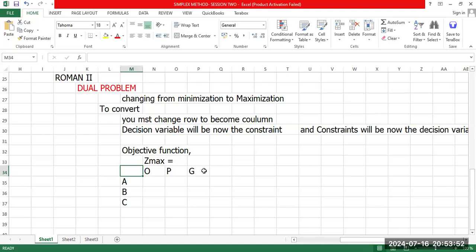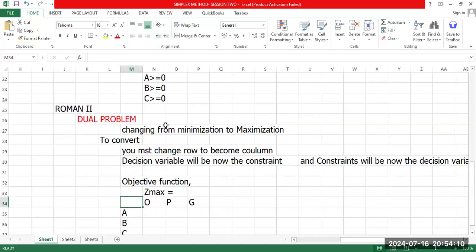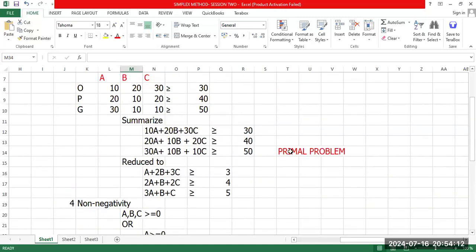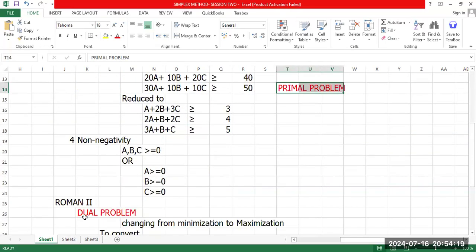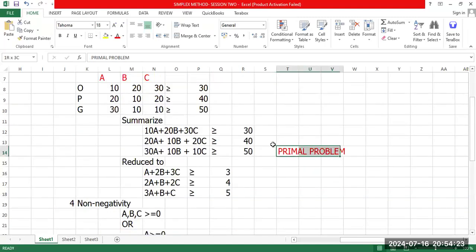The reason why you change A, B, and C to O, P, G is because now you are maximizing. We are trying to change the original problem, which was the Primal problem, to the dual problem.